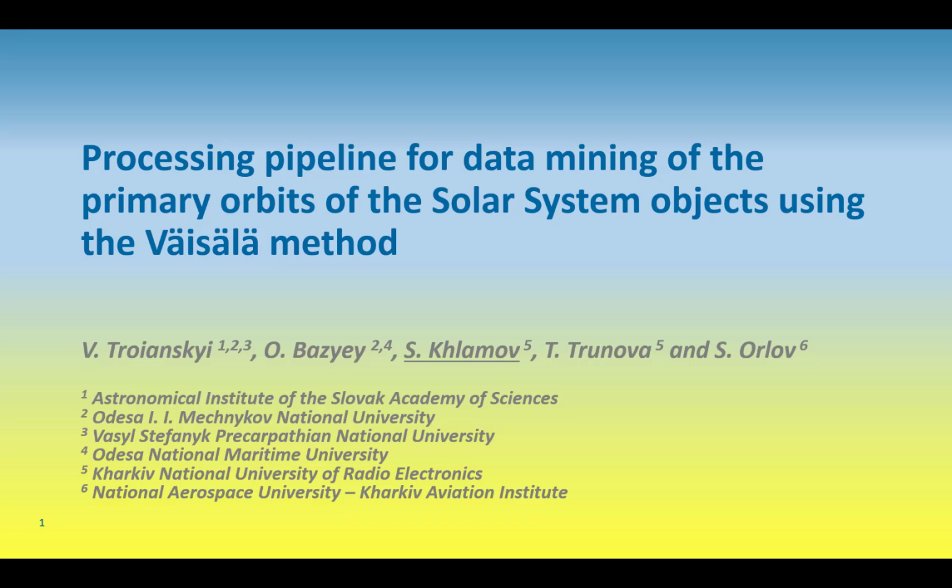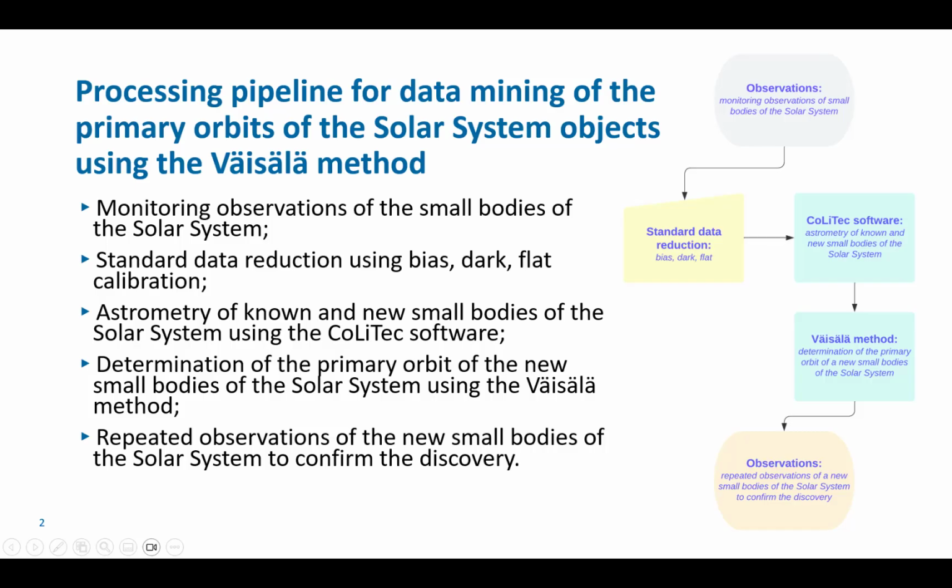Today, the authors present the paper called Processing Pipeline for Data Mining of the Primary Orbits of the Solar System Objects using the Väisälä method. The potential asteroid-comet hazard becomes a problem in the modern world. Therefore, it's necessary to develop a computational algorithm for determining the primary orbits for better discovery of the different solar system objects.